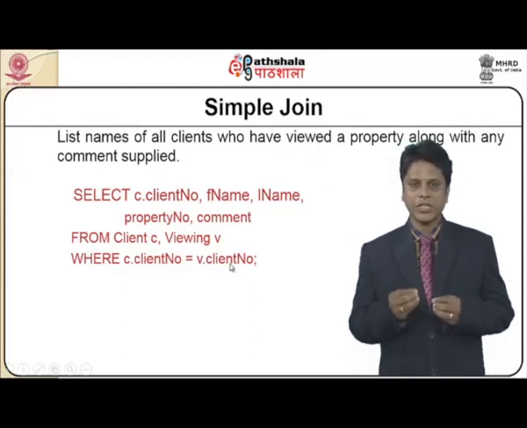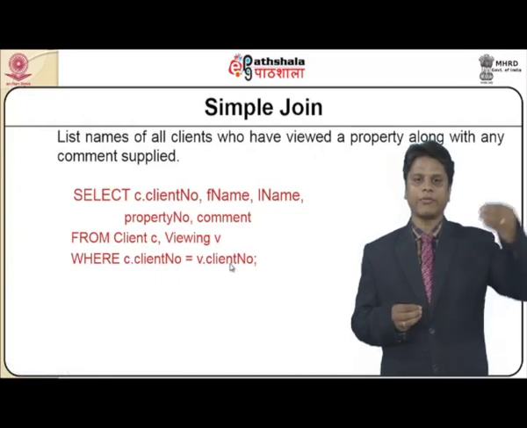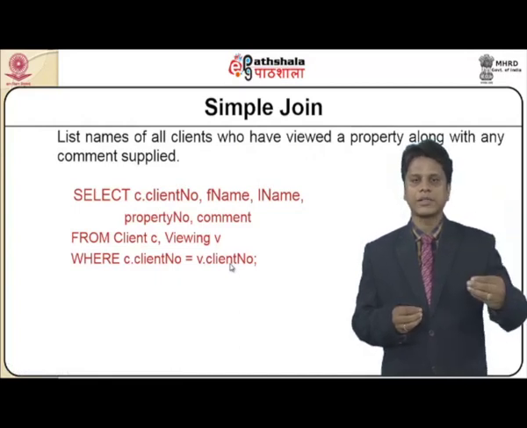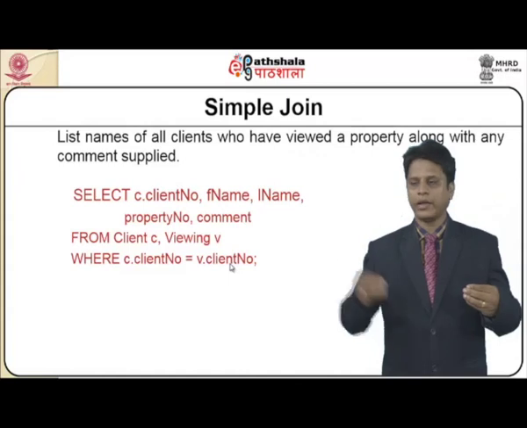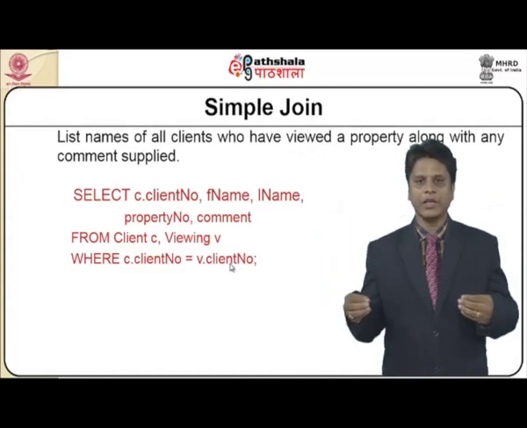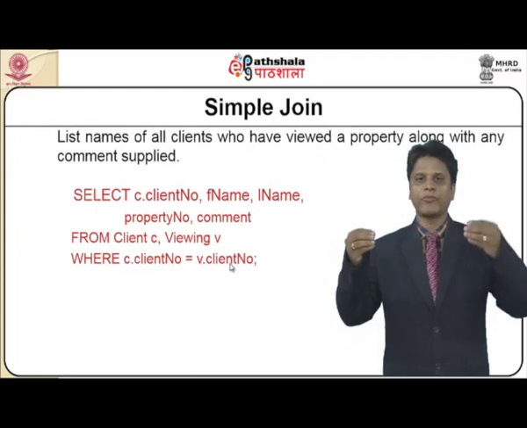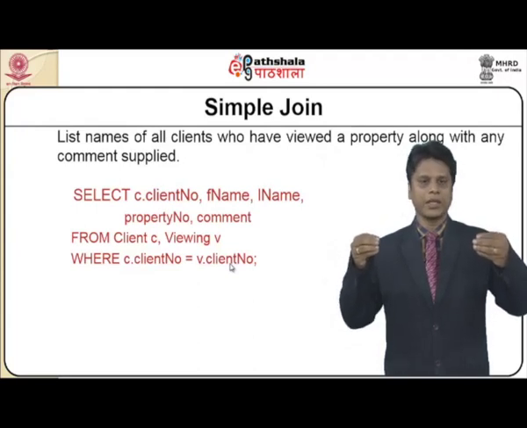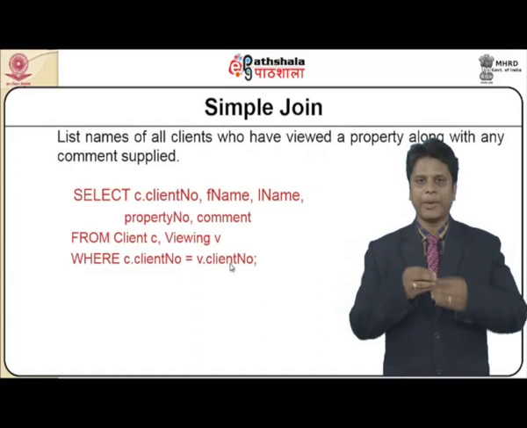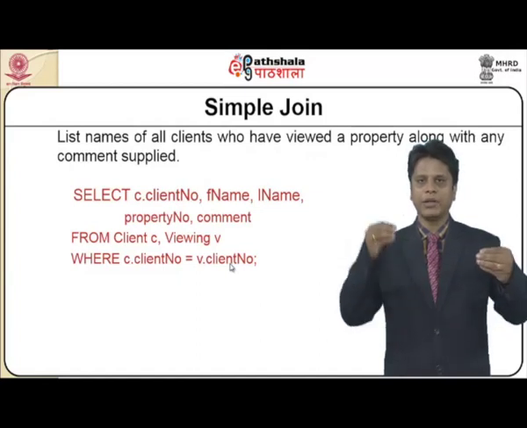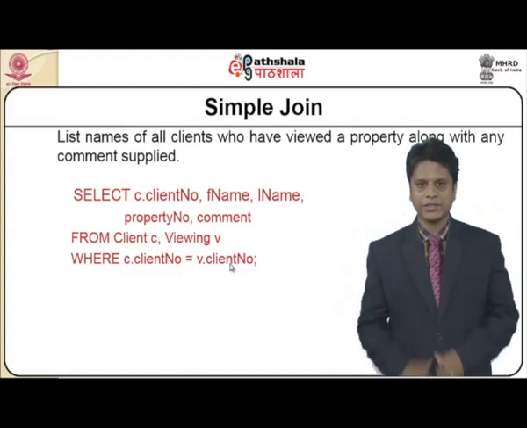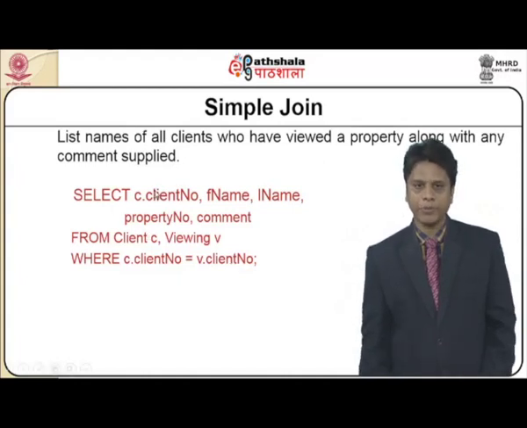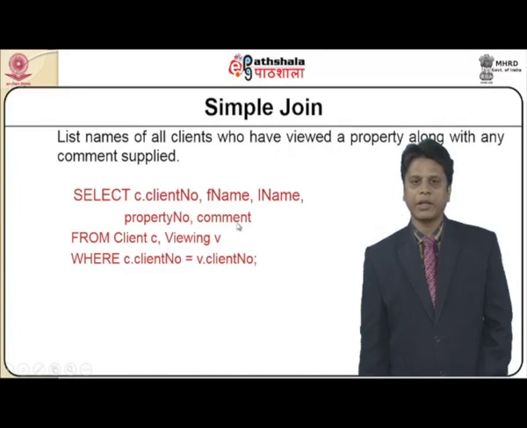So we check a simple condition with one table named C, Client, and the other table named V, Viewing, by looking at the client number of both tables. If C.clientNo and V.clientNo match, then it projects the client number, first name, last name, property number and comment.